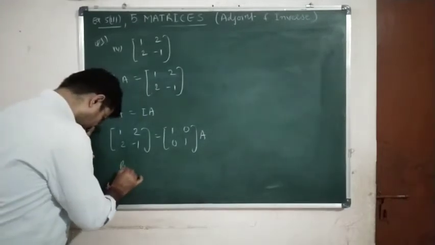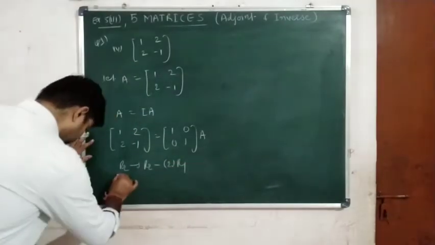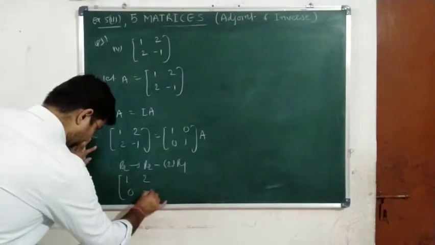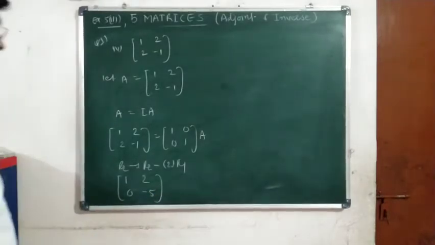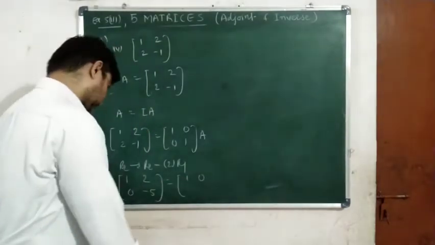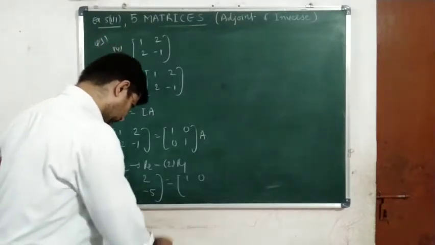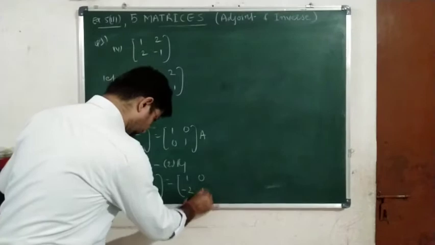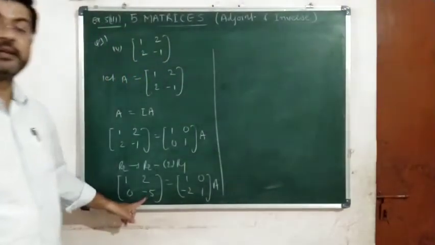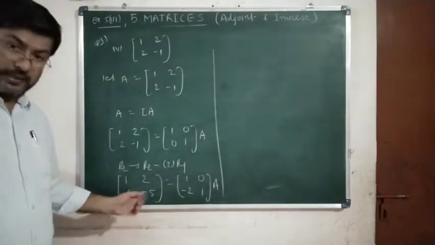Now 1 is already there, so let us bring 0 here. For that, on R2 minus 2 into R1, we get 1, 2, 0, and here we get -5. On the right side, 2 1s are 2, so -2 and 1. Now to bring 1 here, we can multiply the second row by -1/5.